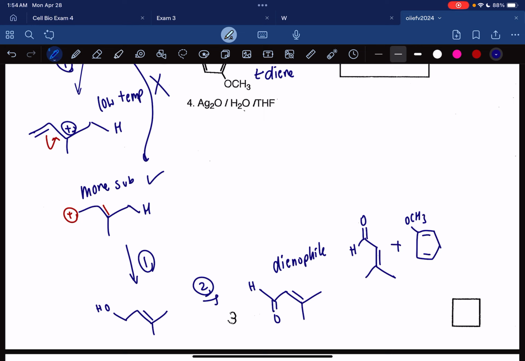So this is kind of what's going on. This is a Diels-Alder reaction. So as tricky as it looks, it's actually fairly simple. All you have to do is flip up the tip of this pentane.